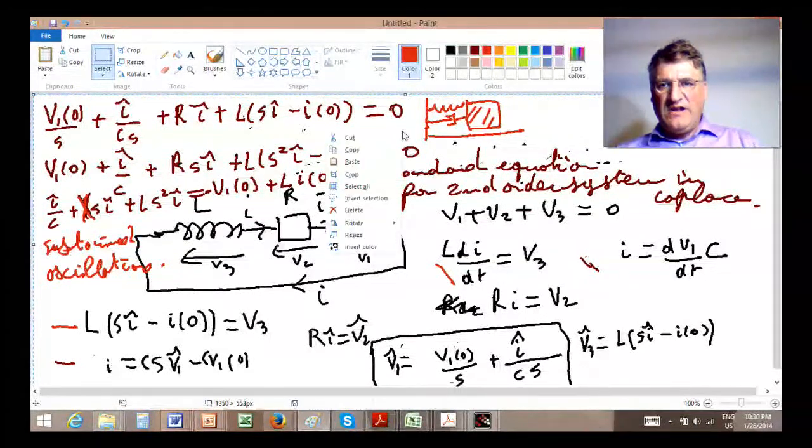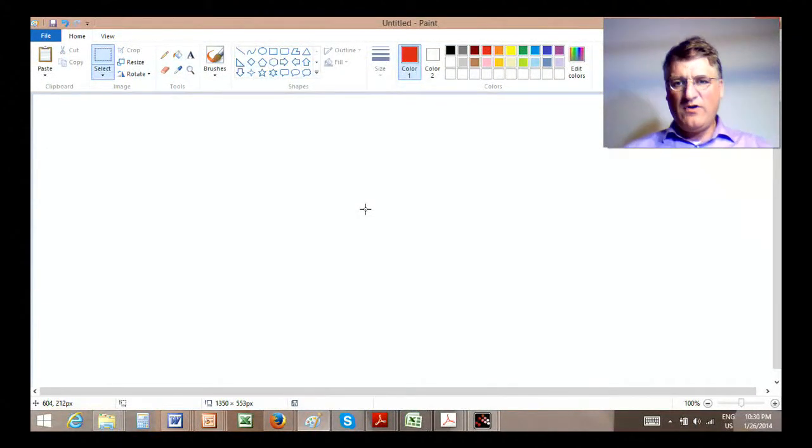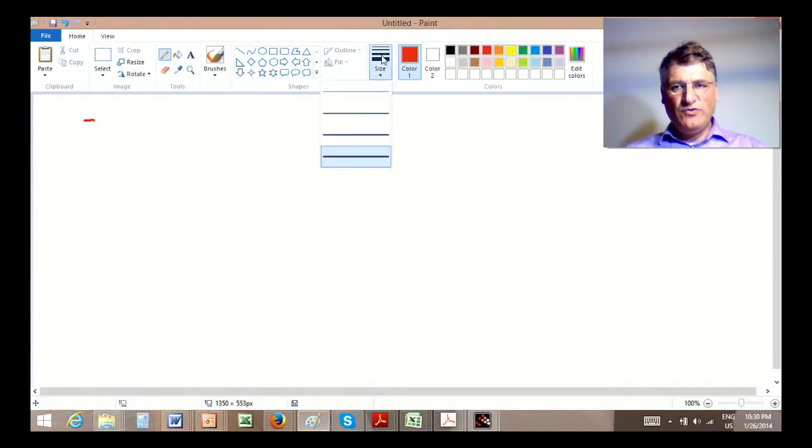Now, let us move on and observe other things that are very important for our electrical systems. One of them is what happens when you do the junction of several systems. For example, let's assume that we have one line, another line, and they merge.